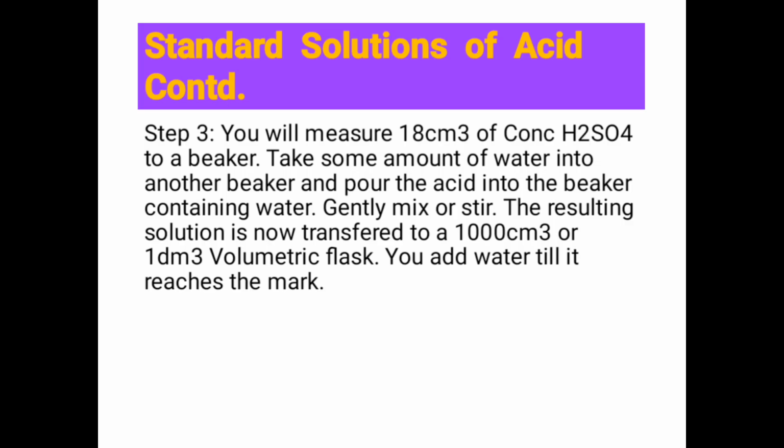Then you can gently stir or mix. Then the resulting solution, you can now transfer it to a 1000 centimeter cube volumetric flask. Then you continue to add water till it reaches the mark. If you have done that, you have successfully prepared that standard solution.